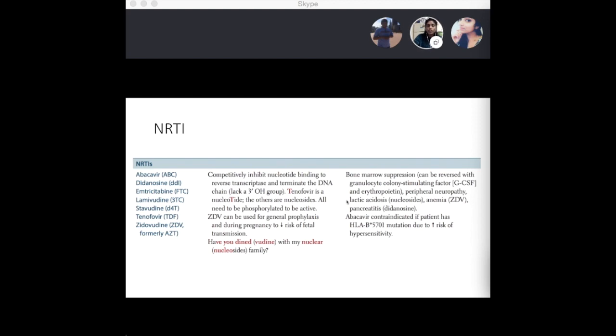So the NRTI poses as a nucleotide, and it gets incorporated into the DNA by reverse transcriptase, and it halts further elongation. And that's because this NRTI that poses as a nucleoside has a missing component that's needed for elongation of the DNA strand to occur. So all in all, it prevents double-stranded DNA from being formed.